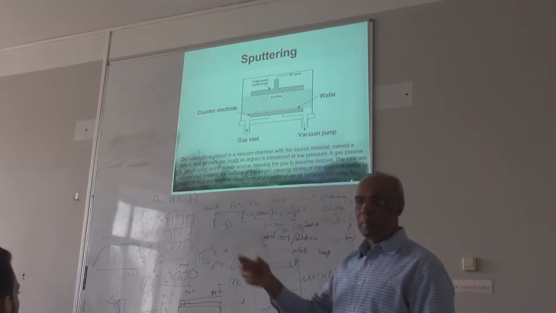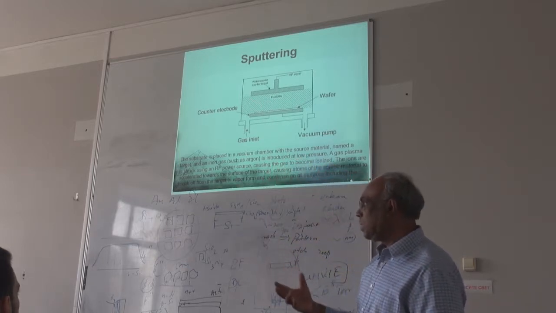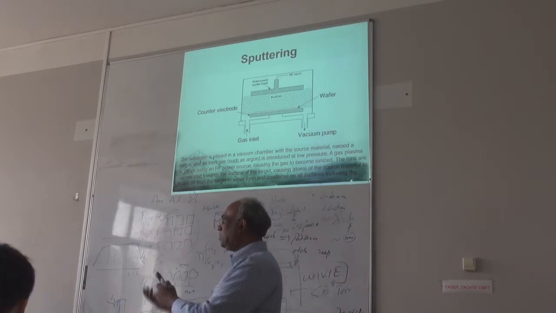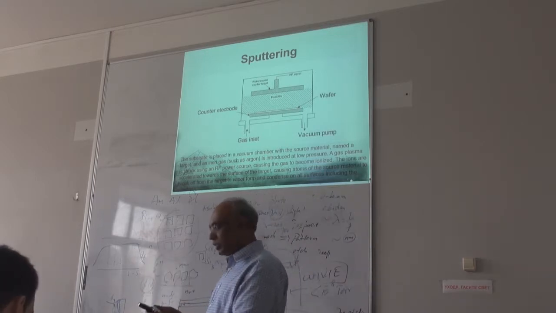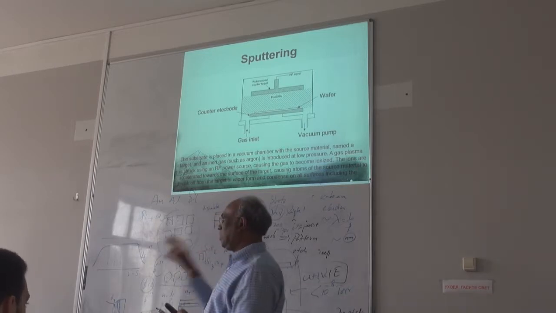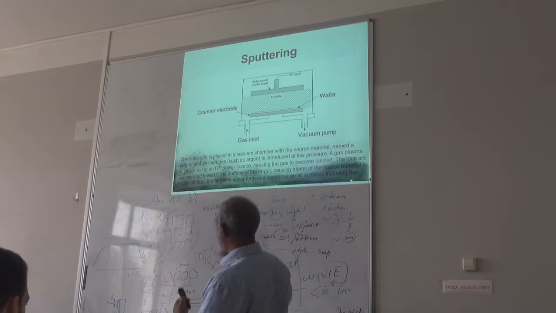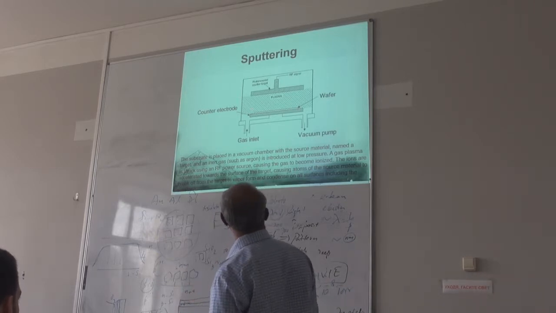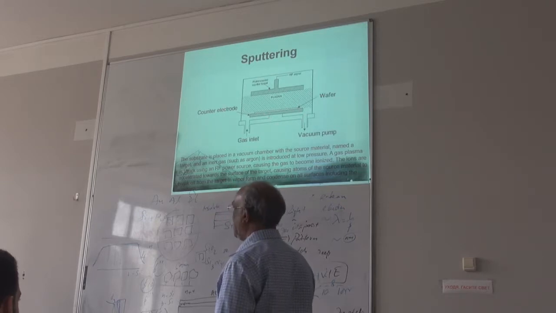Is everybody familiar with plasma? Plasma typically has neutral atoms, ionized atoms, and radicals. These ions are pretty fast moving, so they come and knock material from your target, and it will deposit on the wafer, because we have some magnetron.